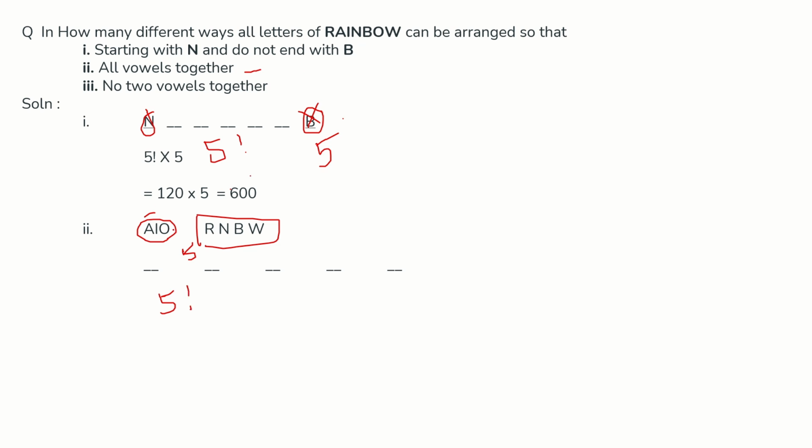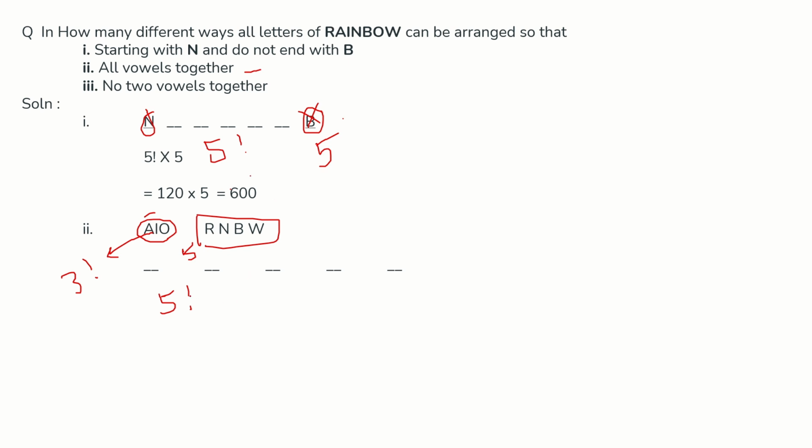In these vowels we have three vowels, so these three vowels can change. These three vowels can be arranged in 3 factorial ways. Here it is AIO, it can be IAO, it can be OIA, it can be AOI. Like this, it can be internally arranged in 3 factorial ways.